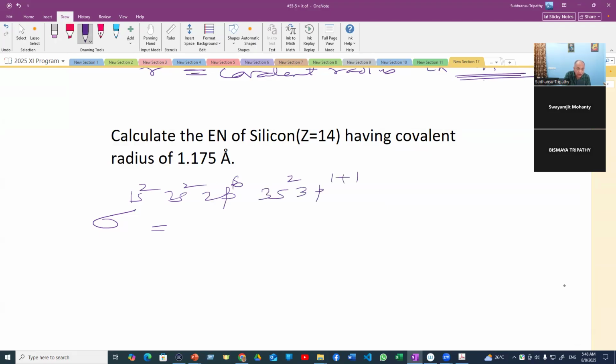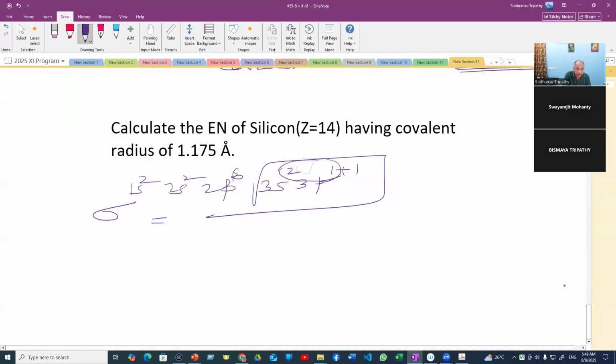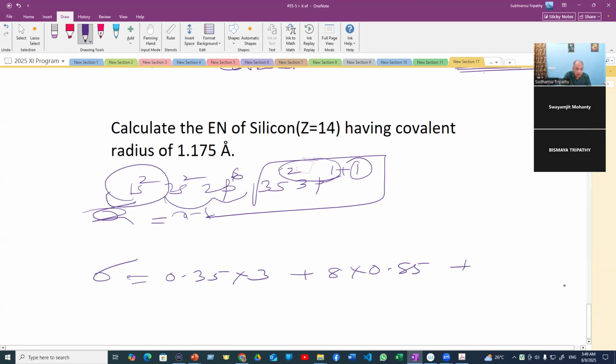Since we are finding the screening effect for an s or p electron, the rule says that sigma is equal to 0.35 into 3, we have to leave one electron as the outermost electron, plus n minus 1 is 8 into 0.85, plus n minus 2, n minus 3, so 2 into 1.